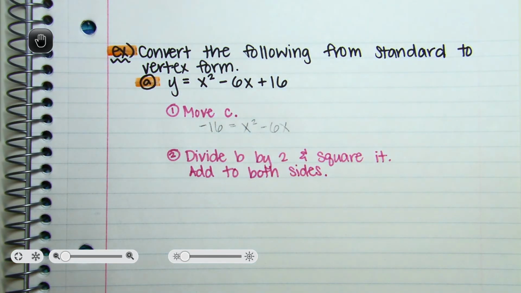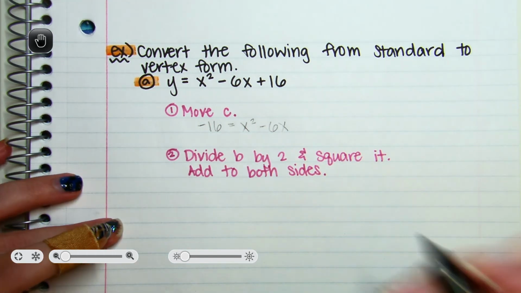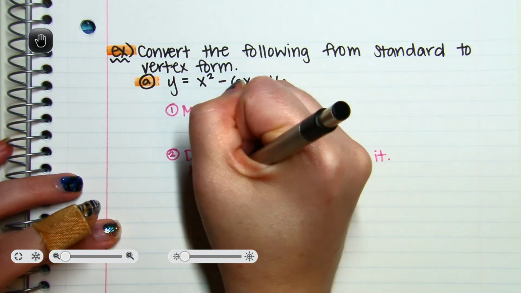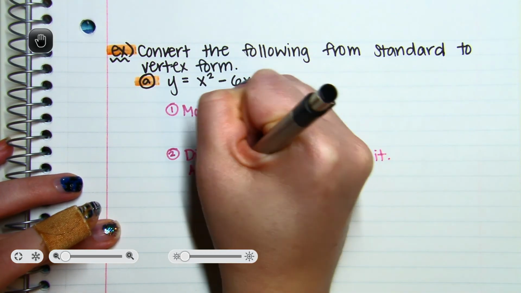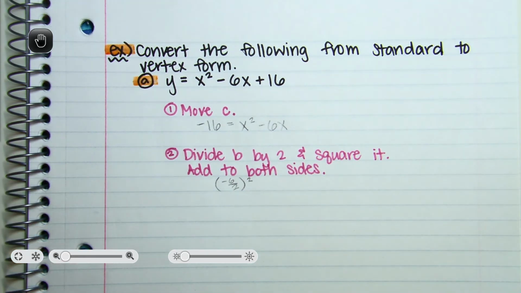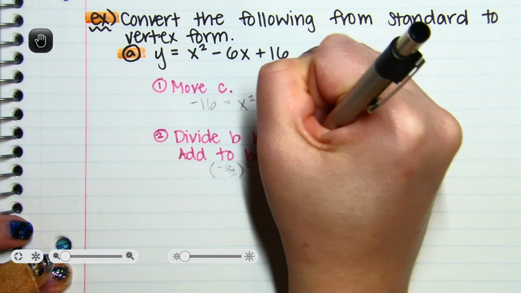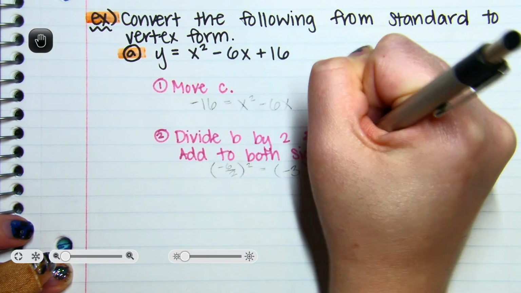All right, so my b value is negative 6. So I'm going to have negative 6 divided by 2 squared. But I can simplify that. So negative 6 divided by 2 is negative 3. So negative 3 squared, which is 9.